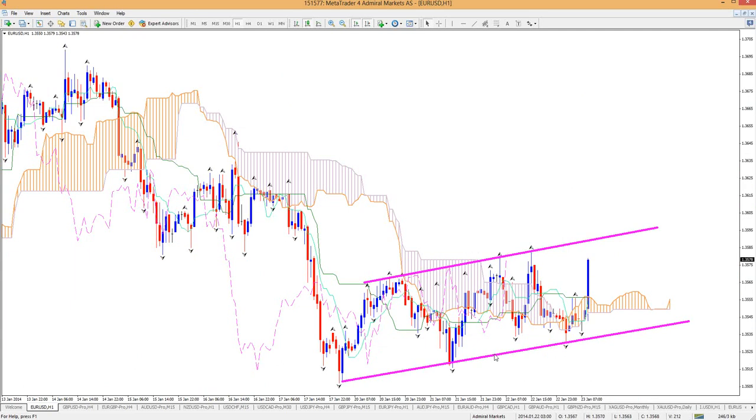Plenty. There's no doubt about it. Now, how many of these are bear flags and how many turn out to be channels, I don't know, but that doesn't really matter because all we're waiting for is a break of this magenta line, right? If it doesn't break, no harm lost, right?